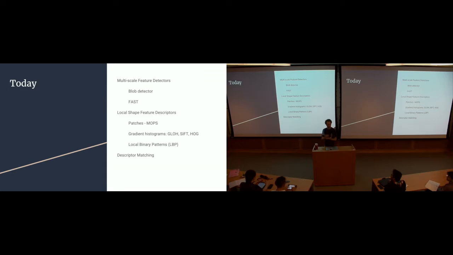And this is where the descriptors come into play. So every key point will get a descriptor, and the descriptor will basically tell us how to match it to another key point. So we look at some nice descriptors for feature points, and then we'll talk a little bit about the matching, and we'll keep talking about it in the next class too.